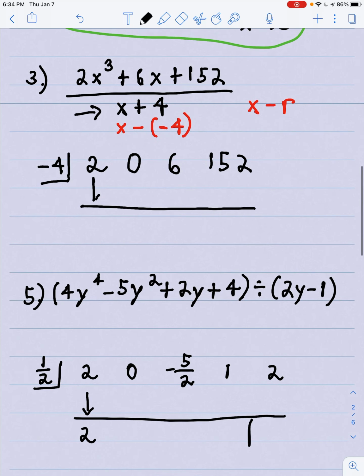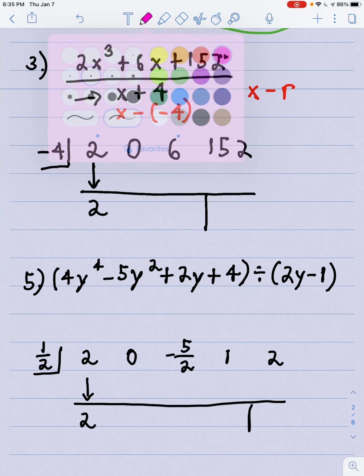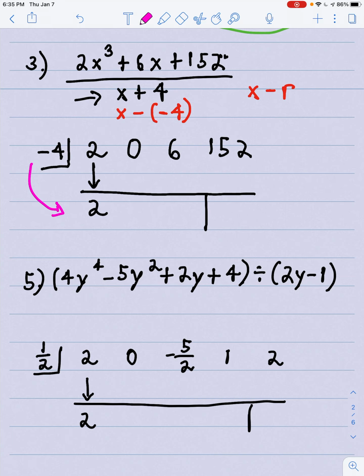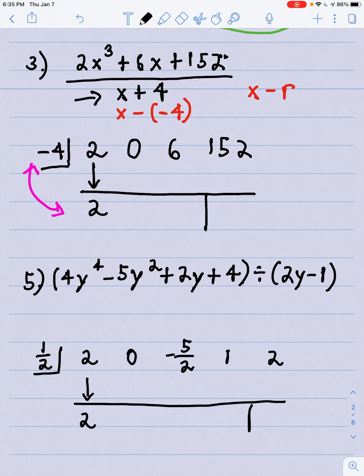Draw my line, drop my leading coefficient below the line, draw my vertical line for my remainder. So now I'm going to do the synthetic division. And so, of course, I'm going to multiply the half box value by the leading coefficient. -4 times 2 is -8.